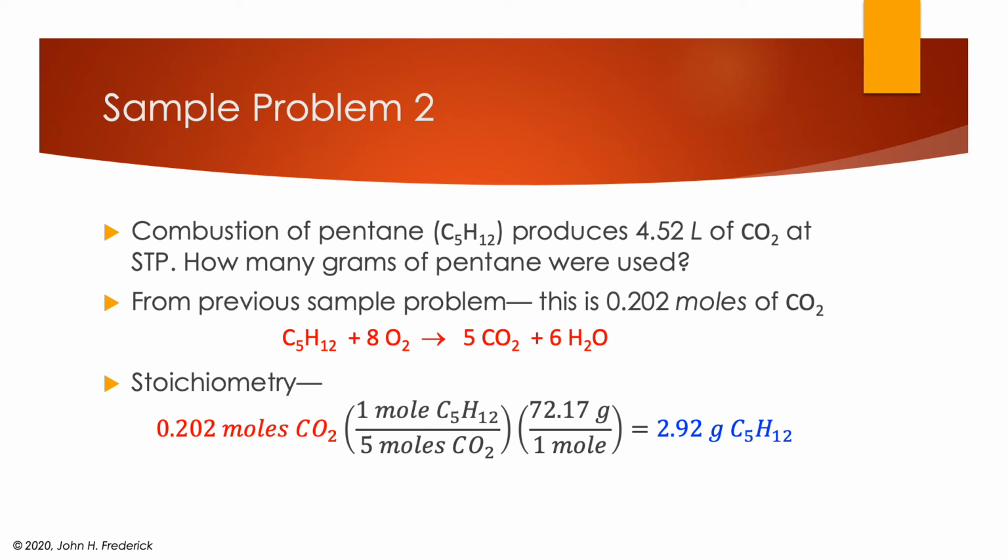I then need to convert it to grams of pentane, so I need the formula weight for pentane, and if I go to the periodic table and figure that out, I should come up with 72.17. When I multiply all these things together, I'll get 2.92 grams of pentane. So it's not much different than doing a regular stoichiometry problem. The only difference is at the beginning when we have to establish how many moles of something we have.